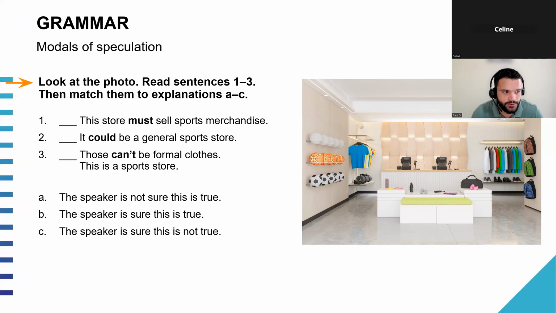So I'll do the first one for you. The first one says, this store must sell sports merchandise. B. Excellent. Very good. This is B because it's must. Must is sure. Very good.